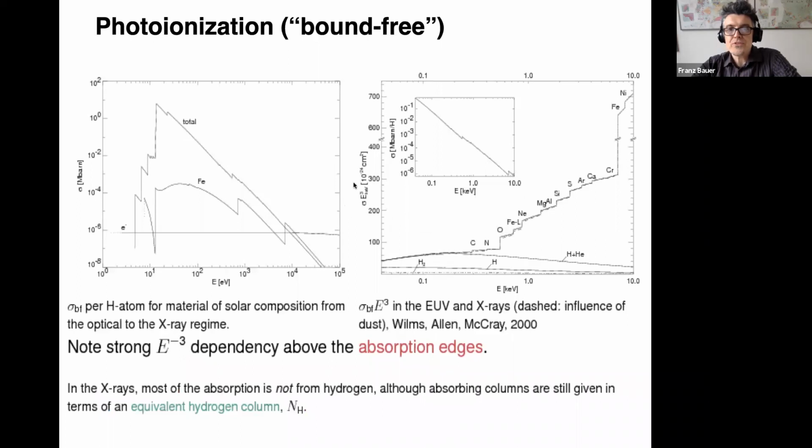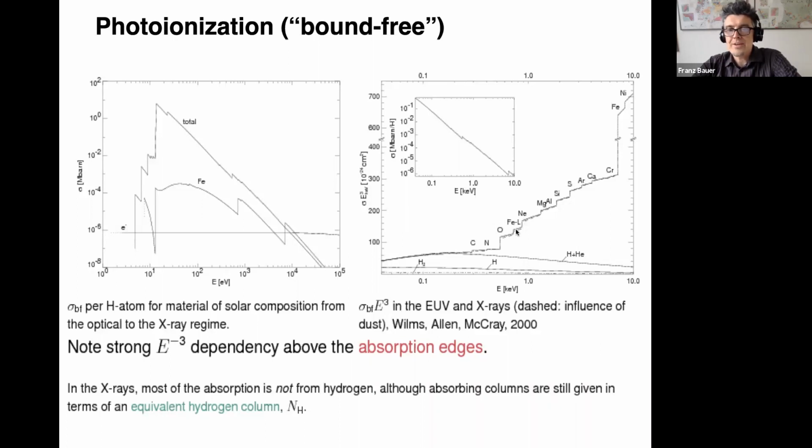So this cross-section in terms of the energy cubed, you have hydrogen here, molecular hydrogen here, which has a relatively small cross-section. Then you have helium, which contributes decently, then carbon, then nitrogen. Then you have a huge jump for oxygen.